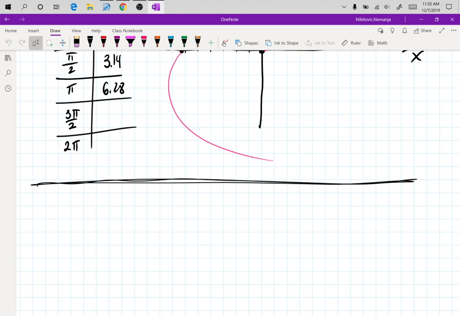So what is e to the sine theta? What kind of graph is that going to produce? Yeah, to me it looks like some kind of oval.